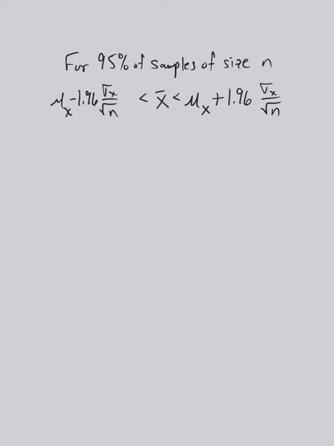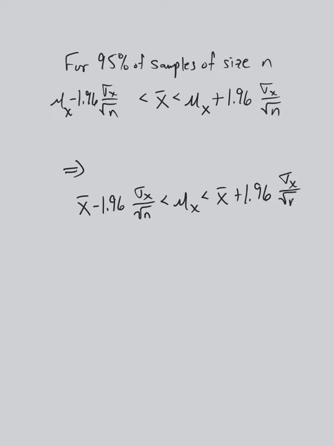I'm not going to go through that all, but an equivalent inequality that you can derive going through the algebra is basically that the x bar and the mu reverse. And so I end up getting that mu is going to be between these two numbers.